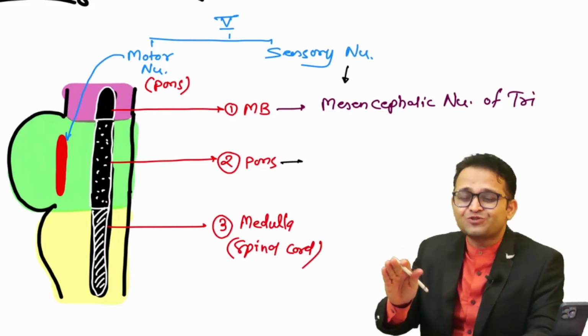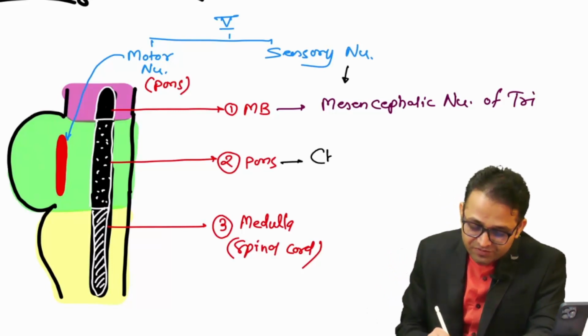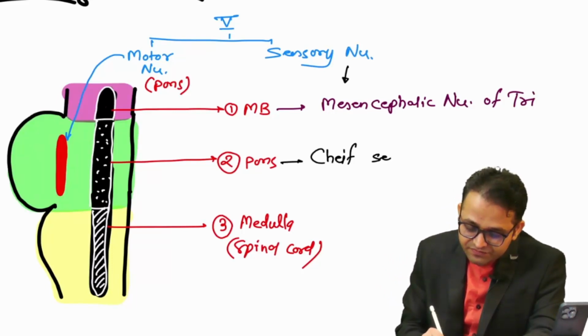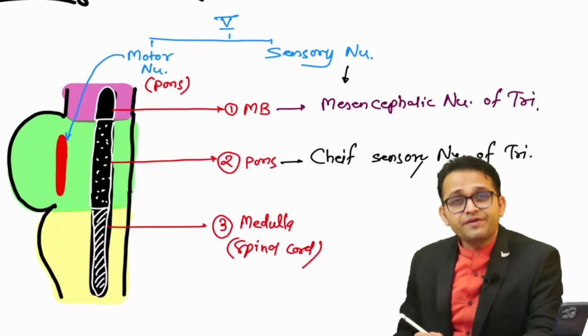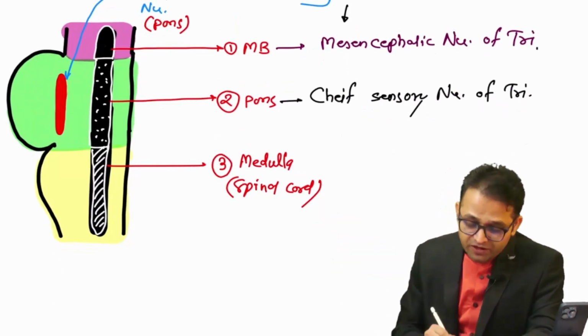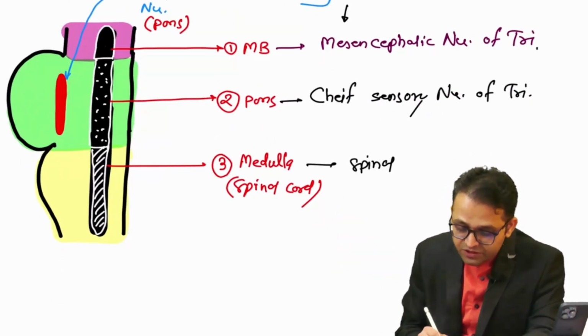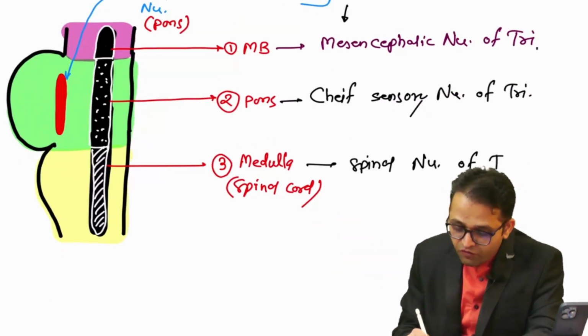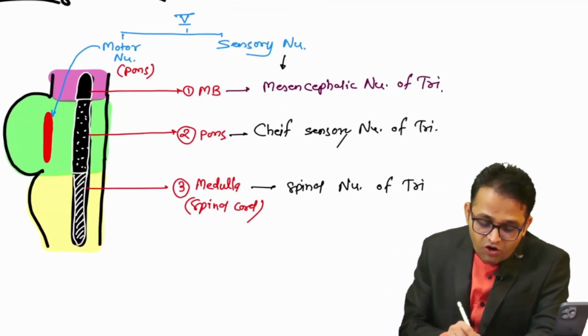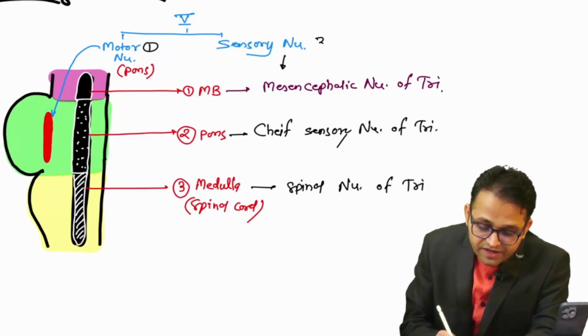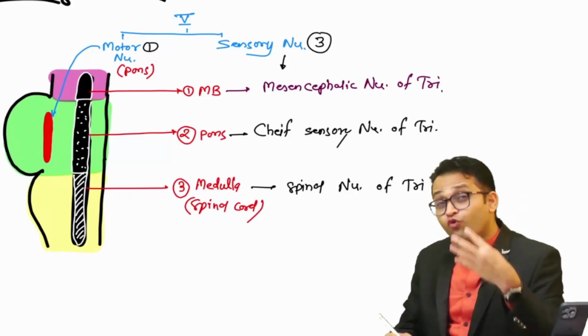Different name, different textbook, different author. We are using the term chief sensory nucleus of the trigeminal nerve. And this is reaching towards the spinal cord, so you will say this is the spinal nucleus of the trigeminal nerve. So easy. So totally you will observe one motor and three sensory nuclei, a total of four nuclei of the trigeminal nerve.